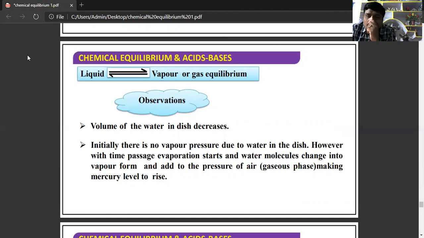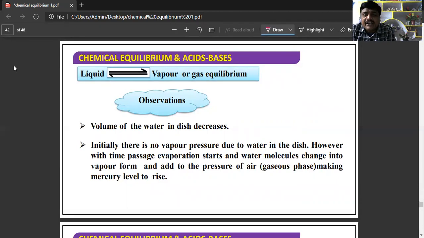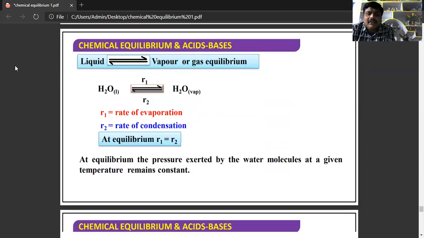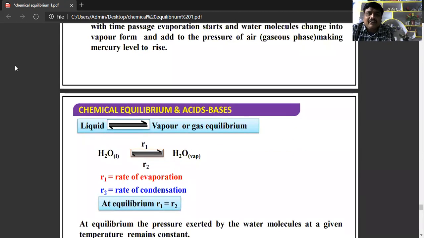Initially, there is no vapor pressure due to water in the dish. However, with the passage of time, the evaporation starts and water molecules change into vapor form and add to the pressure of air. That leads to the increase of mercury level.